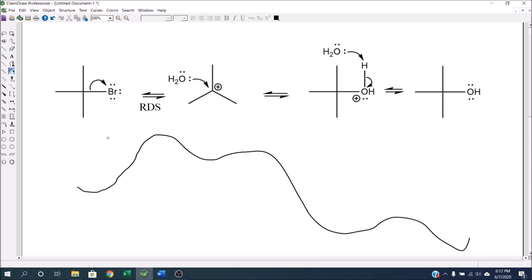The mechanism that you expect in a solvolysis reaction using water, so specifically a hydrolysis reaction, will exactly match up with the mechanism that you would have expected going from the alcohol to the alkyl halide. So if you expect an SN1 mechanism going this direction, then this solvolysis reaction using water, or hydrolysis, will follow the same mechanism going back in the reverse direction.